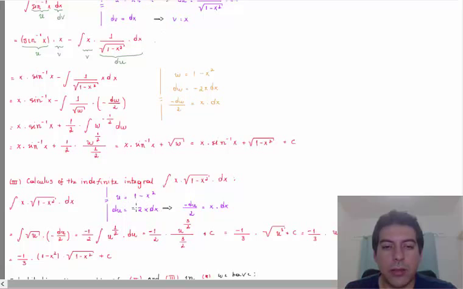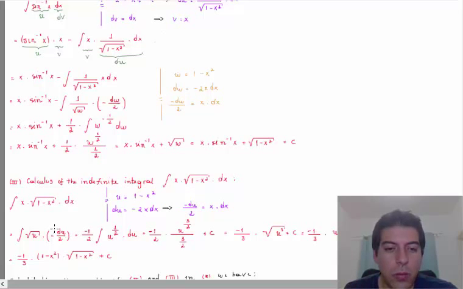If I put this minus 2 beneath this du, I can write minus du over 2 is equal to x dx. So the square root of 1 minus x squared I will write as square root of u, and the x dx I can write as minus du over 2.